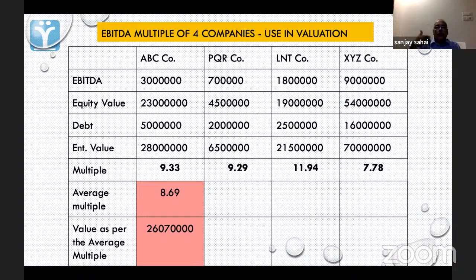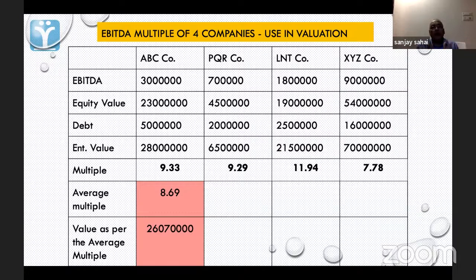So when you do this, this is the basic idea that you can look at it in terms of average and just try to see that this is what the value should be. If you take the multiple of 10.17, obviously the value is going to be higher. But if I look at other companies, look at their average, I find that they are actually lower.